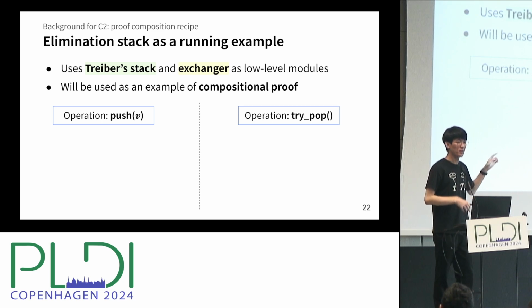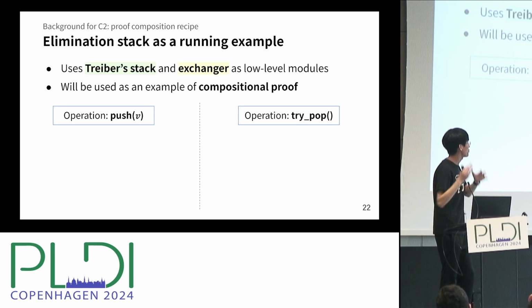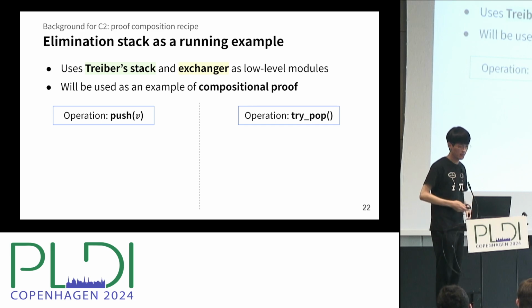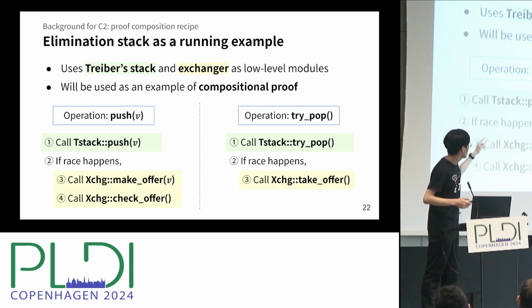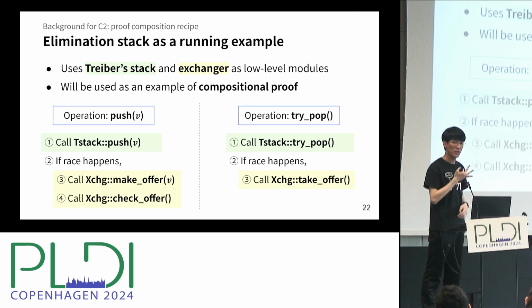The elimination stack is another implementation of a concurrent stack, and it uses the Treiber stack and an exchanger as low-level modules. Each operation first makes a function call to the corresponding operation on the Treiber stack, and if it fails due to a race condition, it then uses the exchanger as a side channel to atomically exchange the two operations between push and pop.